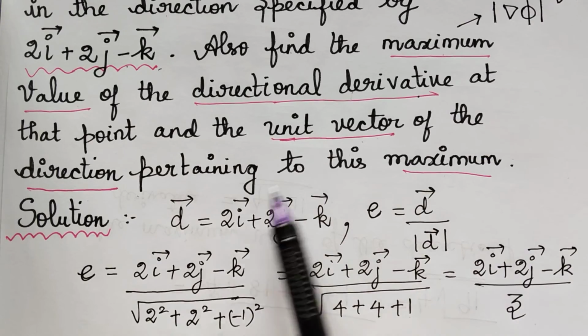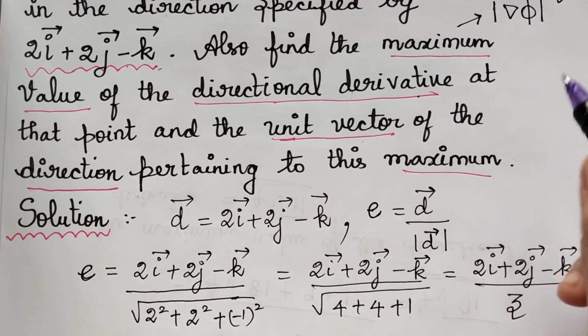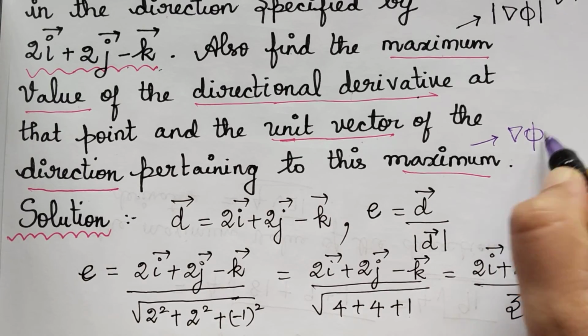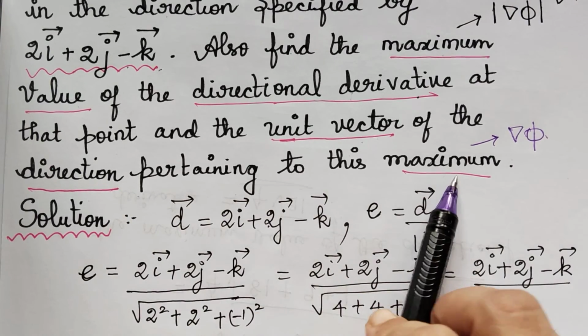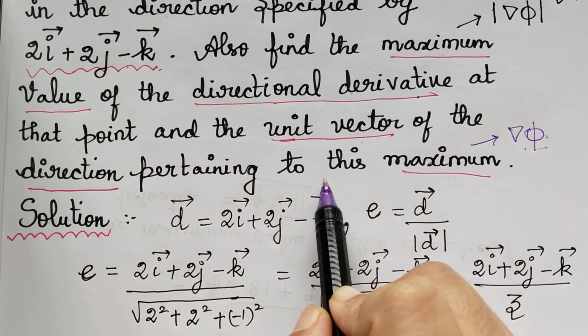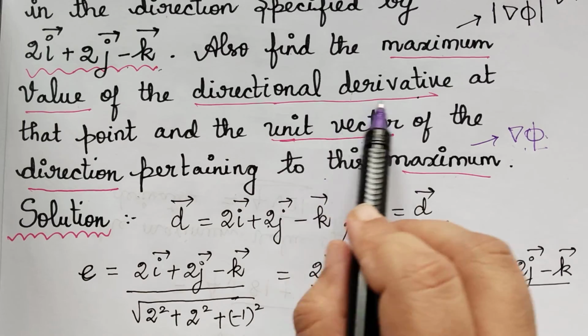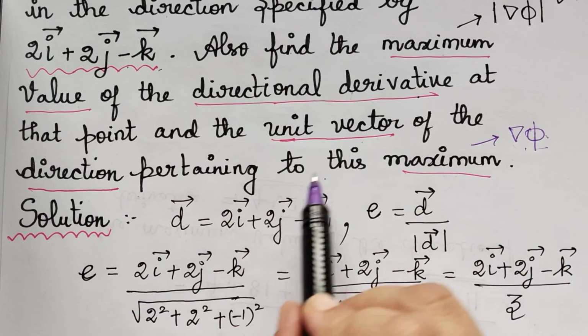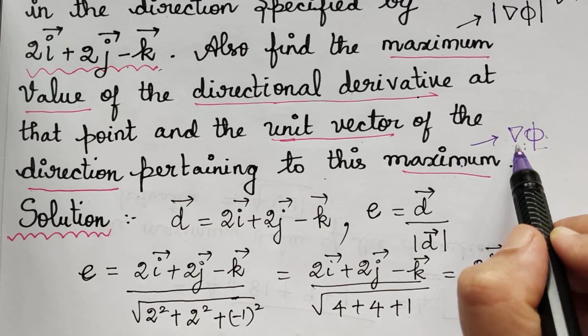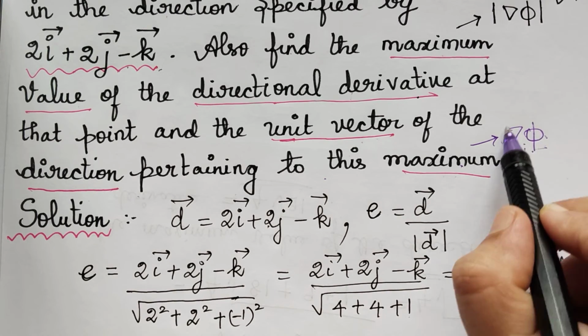We know that the direction pertaining to the maximum is in the direction of nabla phi. But the question here is to find the unit vector of the direction pertaining to the maximum. So if nabla phi is the direction pertaining to the maximum, what is the unit vector?